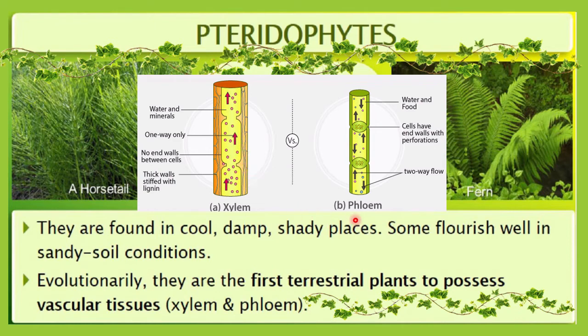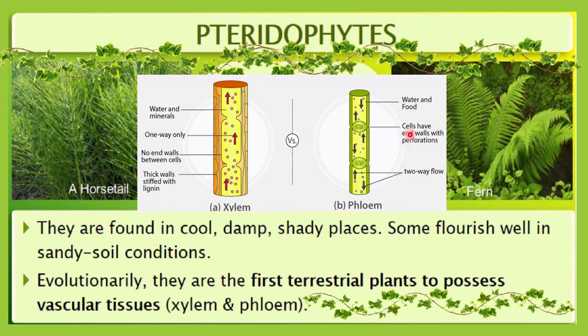Next is the phloem, you can see. This is responsible for two-way flow. The arrow shows a two-way flow, from higher to lower and lower to higher also. This type of phloem is responsible for the transportation of water and food both, mostly food, but water also may sometimes be transported across the phloem.